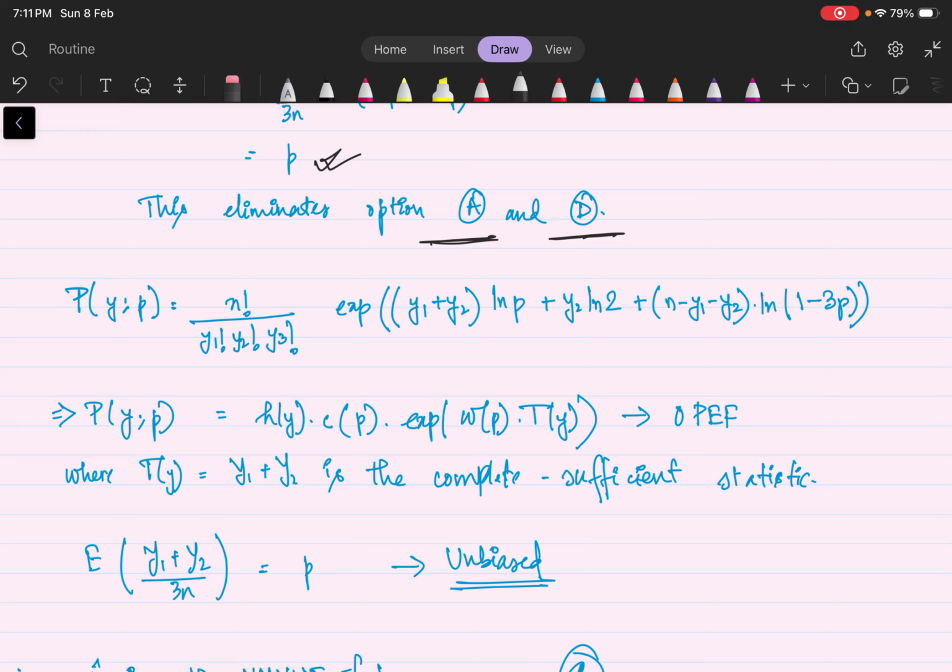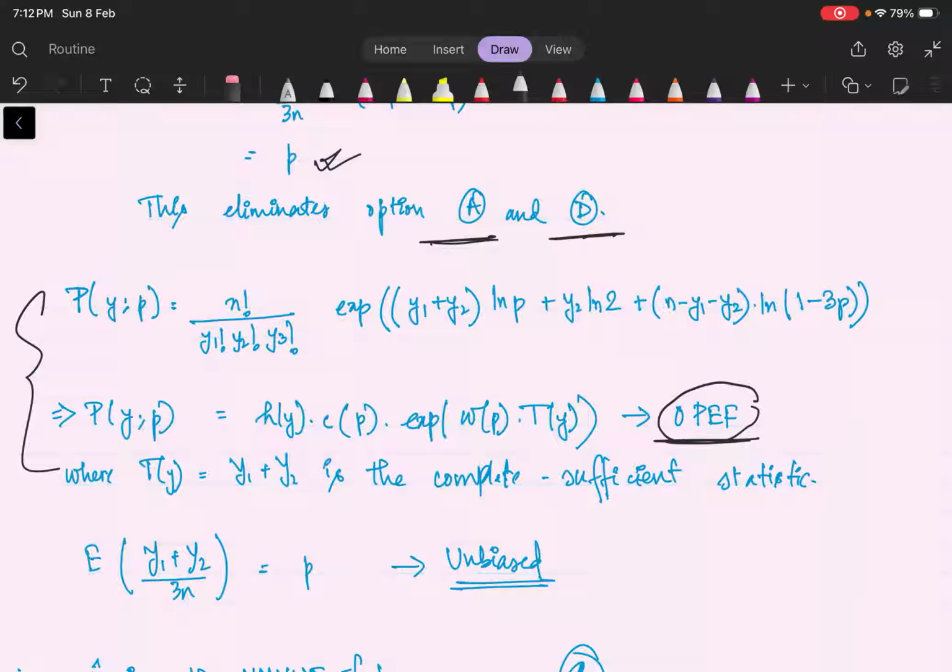Next, we haven't got the option which is correct yet, hence we need to proceed with the other two options. Here, when we arrange the likelihood properly, we can see that this PMF of the multinomial distribution actually belongs to the one parameter exponential family, and there is a very good theorem which says that the statistic will be complete and sufficient if that distribution belongs to the one parameter exponential family, and thus this y1 plus y2 is the complete sufficient statistic.